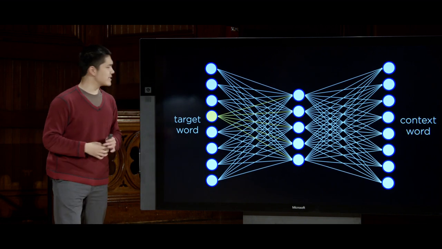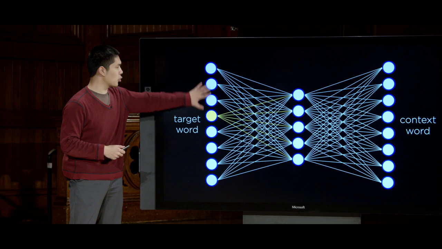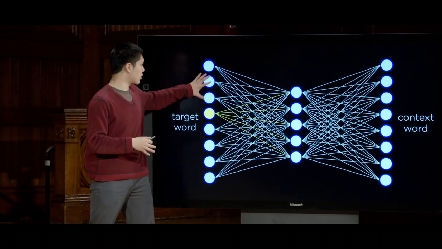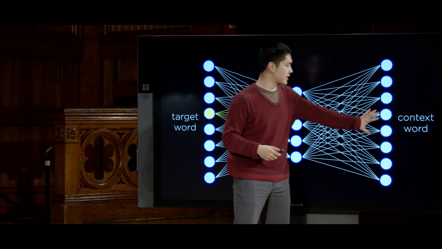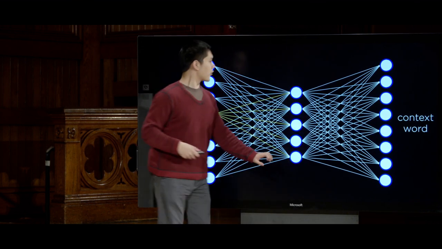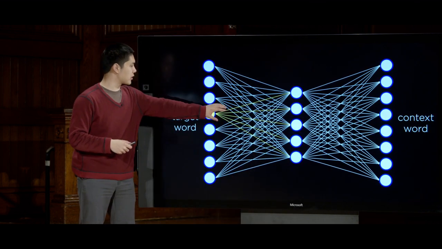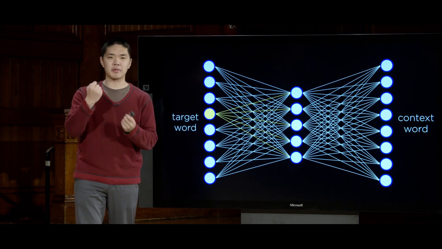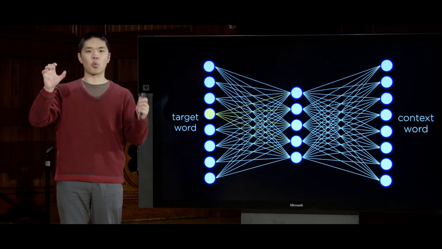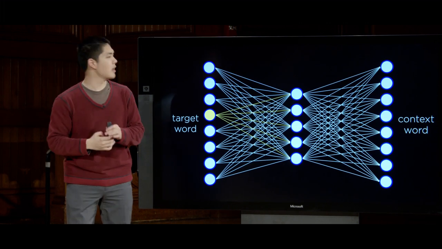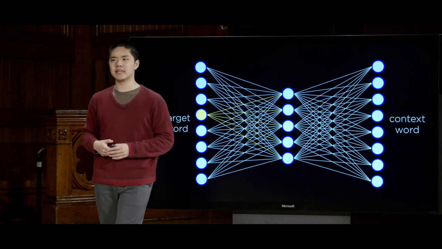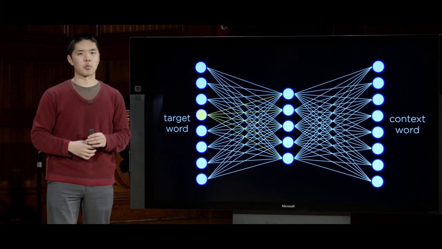And the general idea here is that if 2 words are similar, if 2 words show up in similar contexts, meaning using those same target words I'd like to predict similar context words, well then these vectors and these numerical values for the weights of these edges are probably going to be similar. Because for 2 different words that show up in similar contexts, I would like for these values that are calculated to ultimately be very similar to one another.